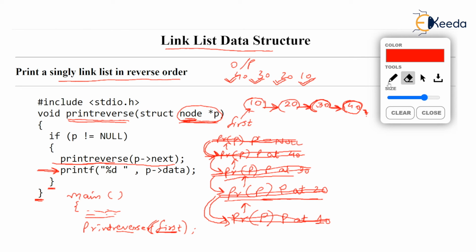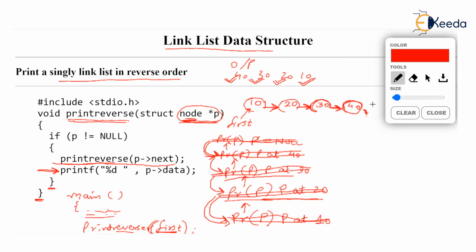Now, if print reverse 10 ends, main resumes, isn't it? Main function will resume because main had called this first function print reverse for the heading node, correct or not? For the first node. Look at the excellent method of memory organization or memory management. So many local pointers were created for every function, but when every function ended, it collected the garbage.